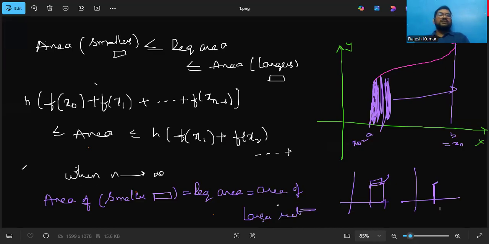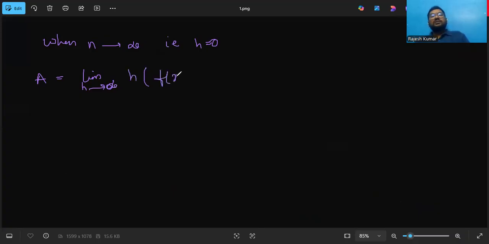That means when n tends to infinity, that is indirectly h is equal to 0, the area is equal to limit n tends to infinity of h into f of x naught plus f of x1 plus f of x2 and so on plus f of xn minus 1.